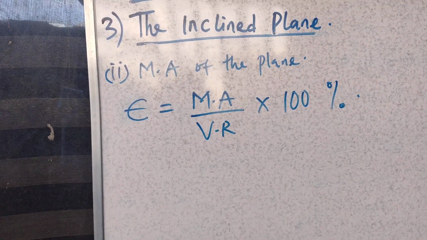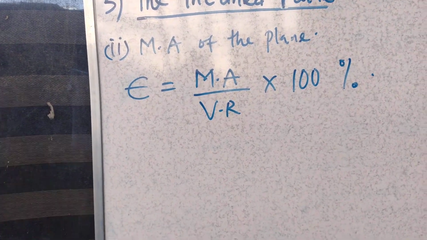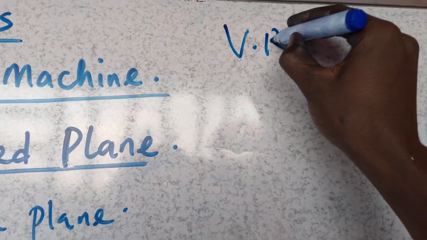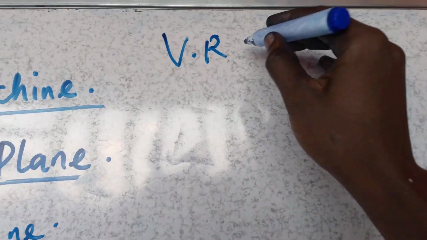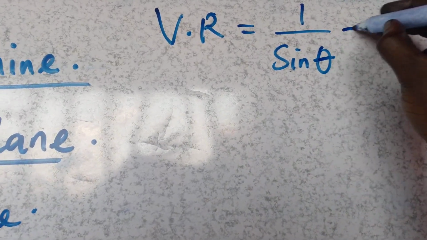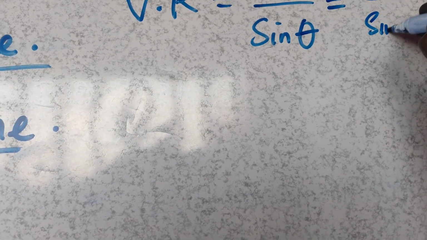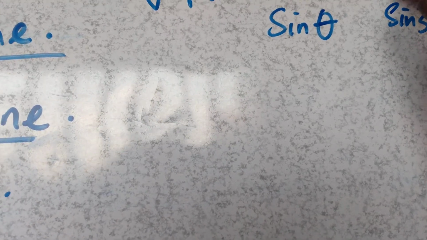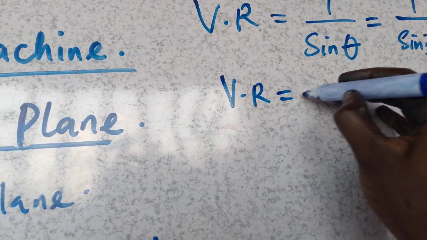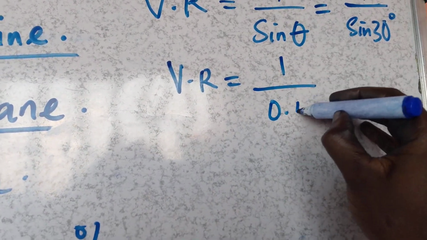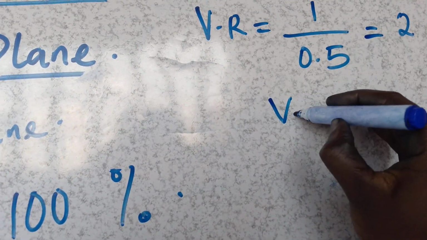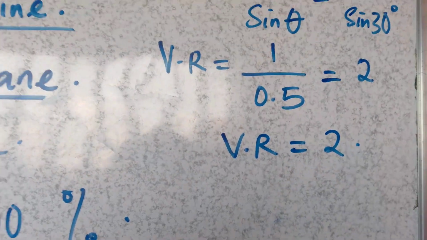Now we have to find the velocity ratio of the system. Velocity ratio of an inclined plane is equal to 1 over sine theta, and theta is 30 degrees, so this is 1 over sine 30, which is 1 over 0.5, giving 2. My velocity ratio VR is equal to 2.